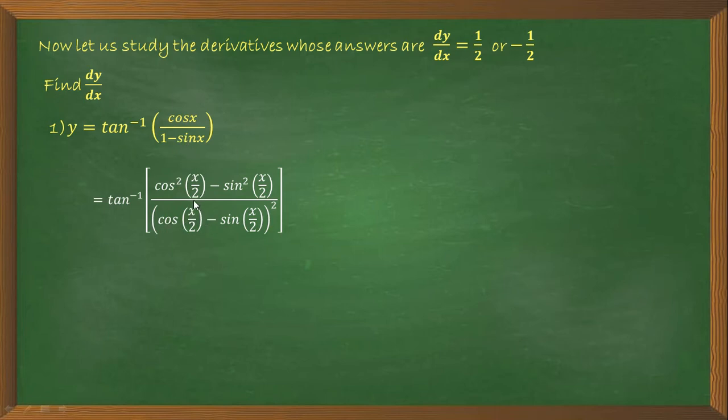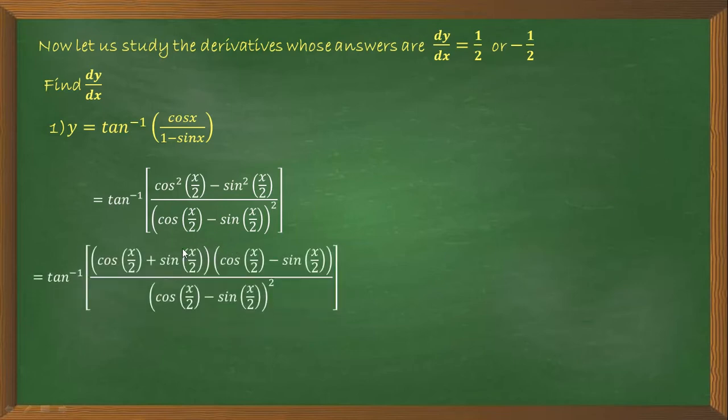Okay. Now simplify this. Here you can use the a square minus b square formula. So this can be expanded like this. So tan inverse into bracket, it becomes (cos x by 2 plus sin x by 2) into (cos x by 2 minus sin x by 2) divided by this. Remember this.